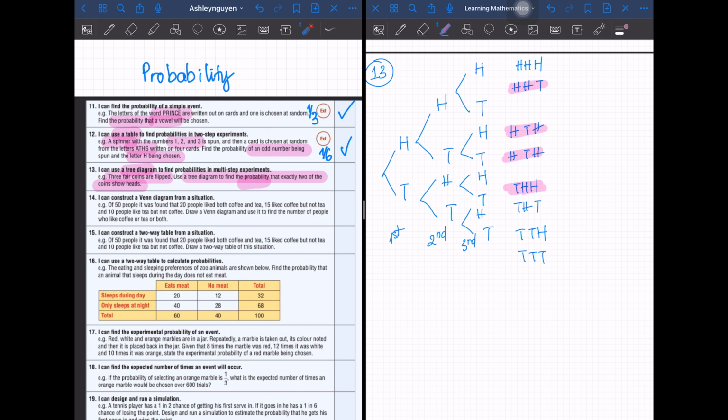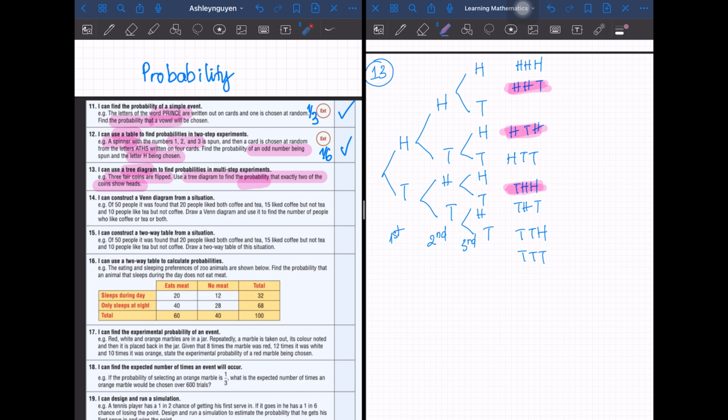No more. So hold on, why do I have the same one here? Sorry, I should check. That one should be H, T, T. So let's count again. 1 with 2 heads, 2 with 2 heads, and 3 with 2 heads.